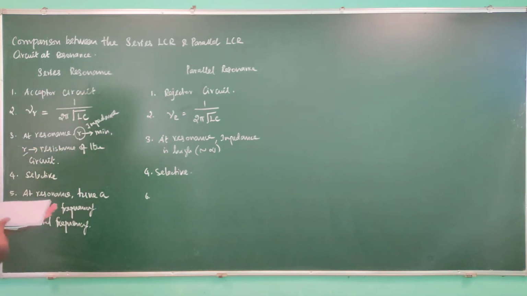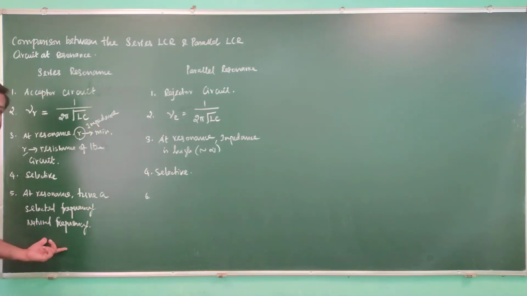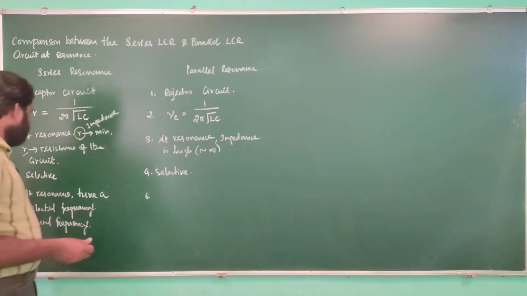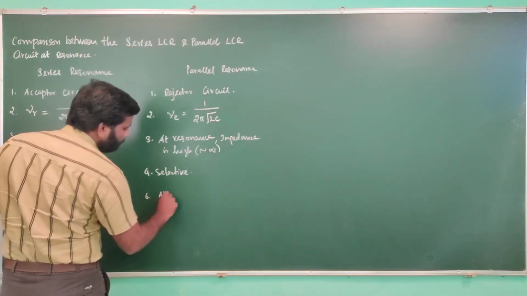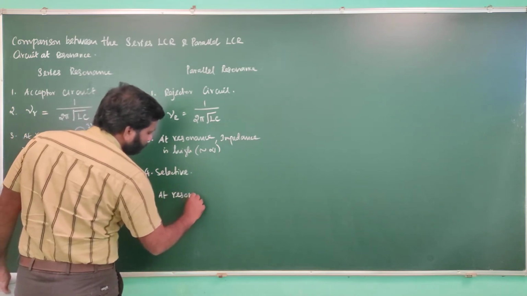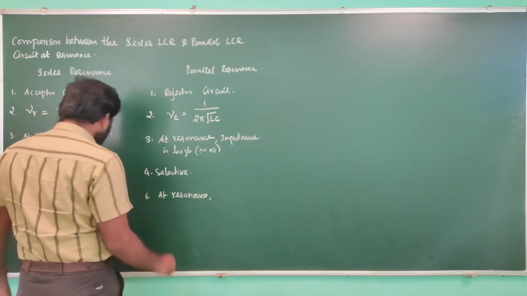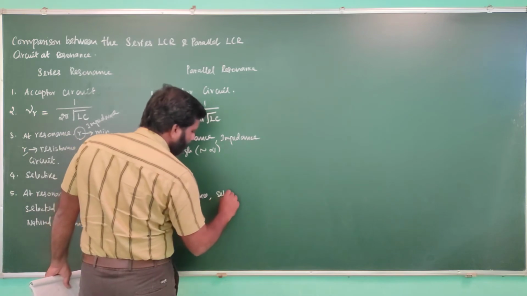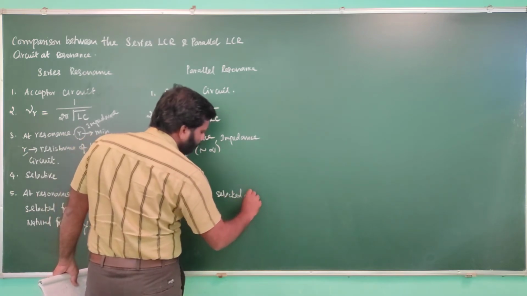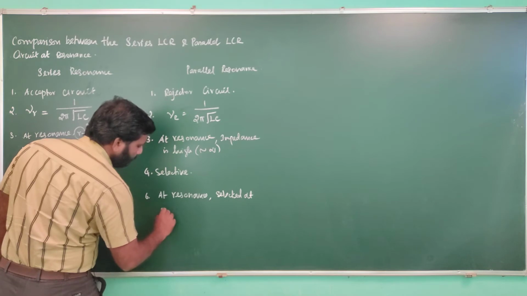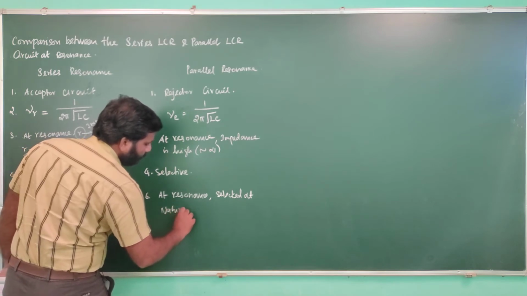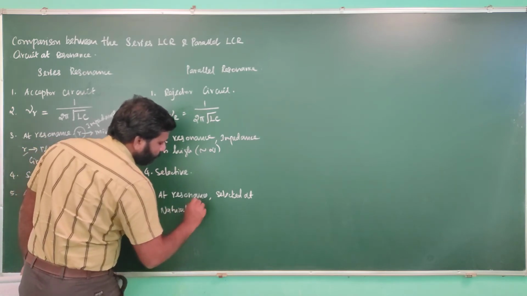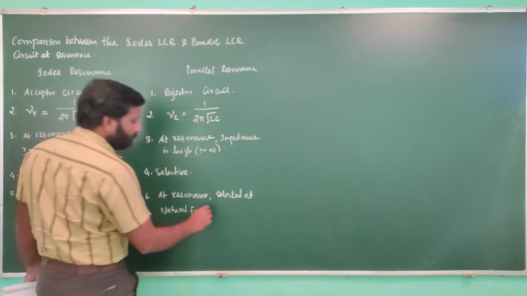Why? Because at the natural frequency the selected frequency will exhibit the maximum current, and that can be easily filtered out. At the same time, here at resonance the selected frequency at the natural frequency is suppressed.